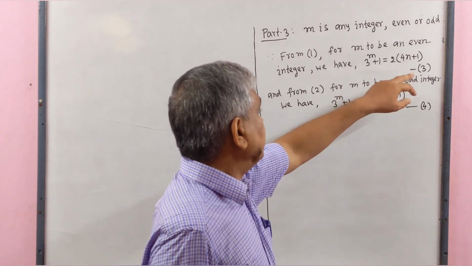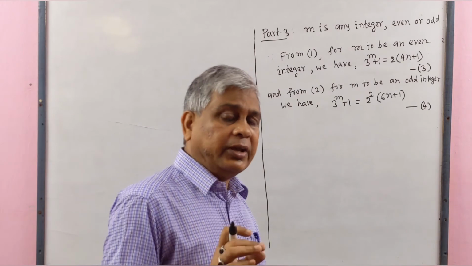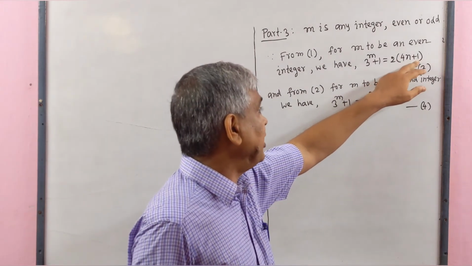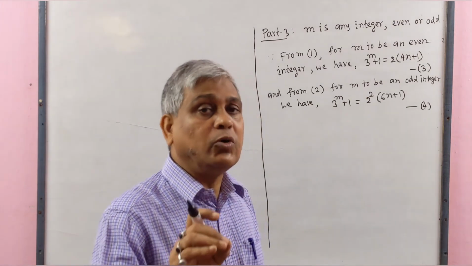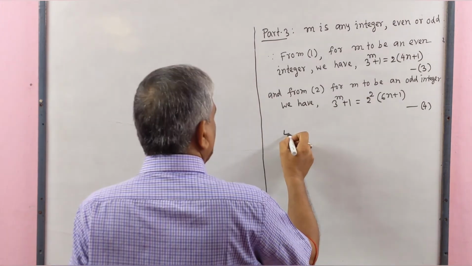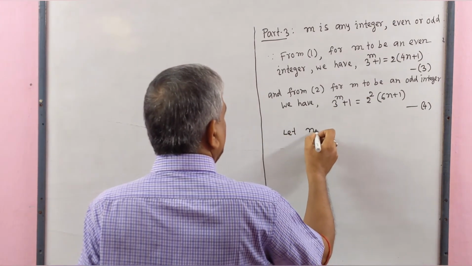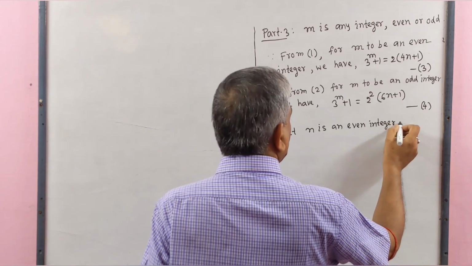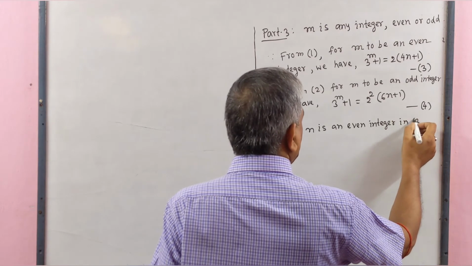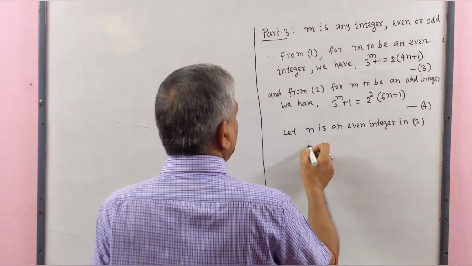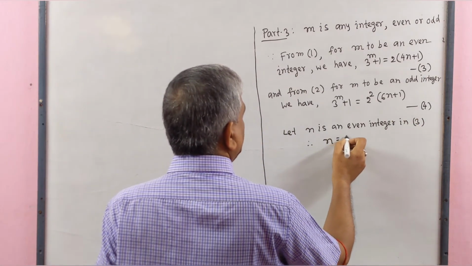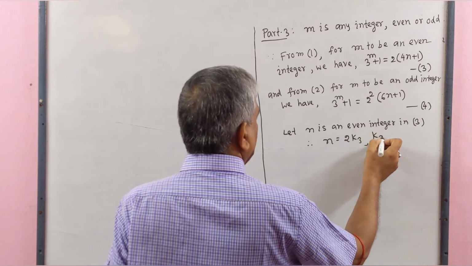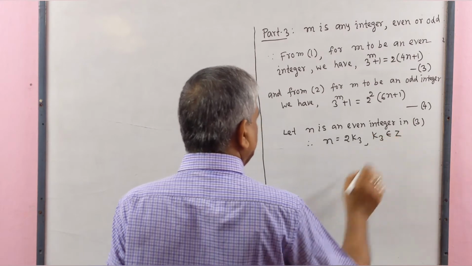Now we consider 3. Here we examine whether 4n plus 1 is divisible by 2 or not. Let n be an even integer in 3. Therefore, n will be of the form 2k3, k3 is an integer.